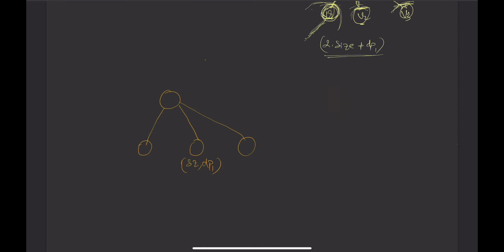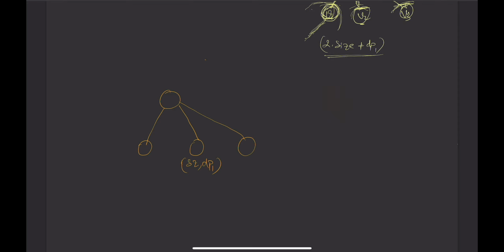dp2, let's say it has 3 nodes, so dp1 will be 3, and size is equal to 4. So for this, it is incremented 1, 2, now 3 plus 3 plus 3, that means 9. How many times? 3.